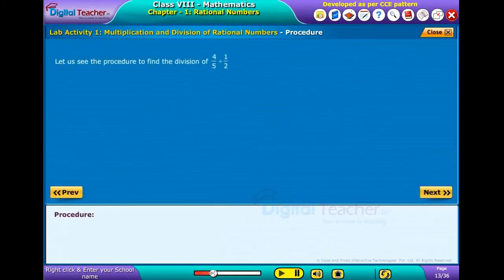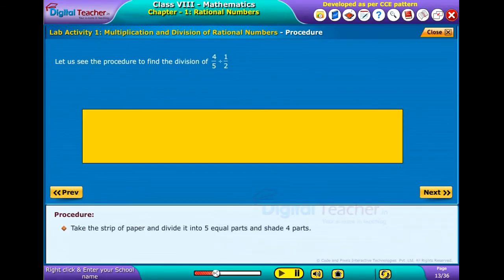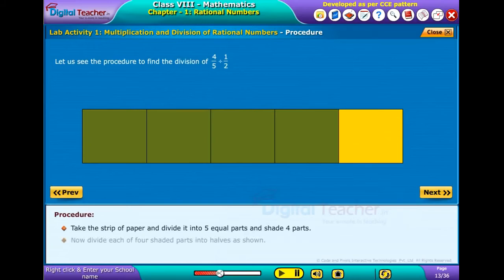Let us see the procedure to find the division of 4 by 5 when divided by 1 by 2. Take the strip of paper and divide it into 5 equal parts and shade 4 parts. Now, divide each of the 4 shaded parts into halves as shown.